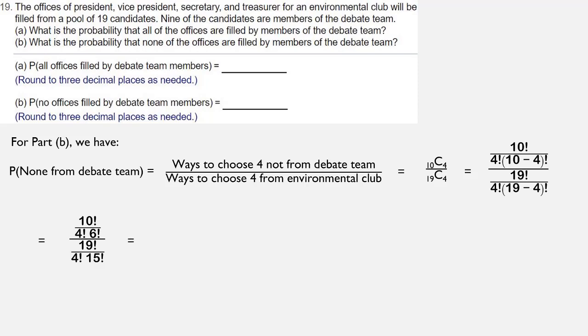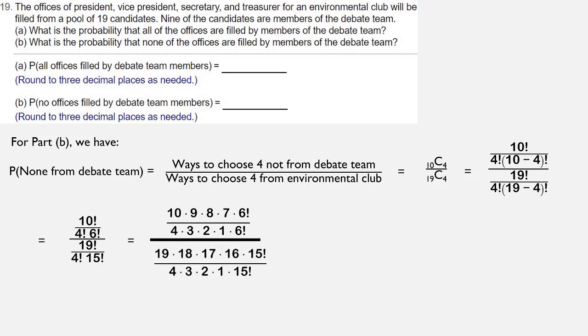When we expand, we end up with 10, 9, 8, 7, 6 factorial over 4, 3, 2, 1, 6 factorial. And on the denominator, we get 19, 18, 17, 16, 15 factorial divided by 4, 3, 2, 1 times 15 factorial. The 6 factorials and the 15 factorials reduce away.